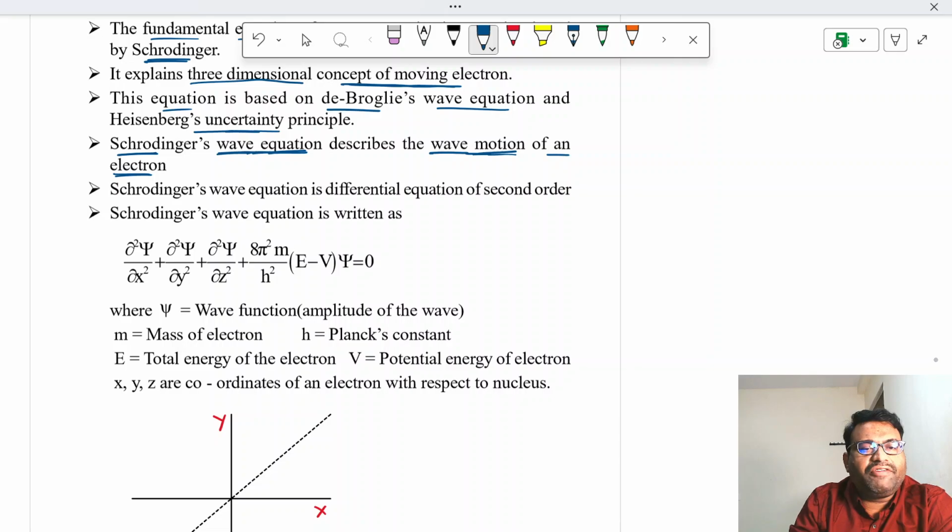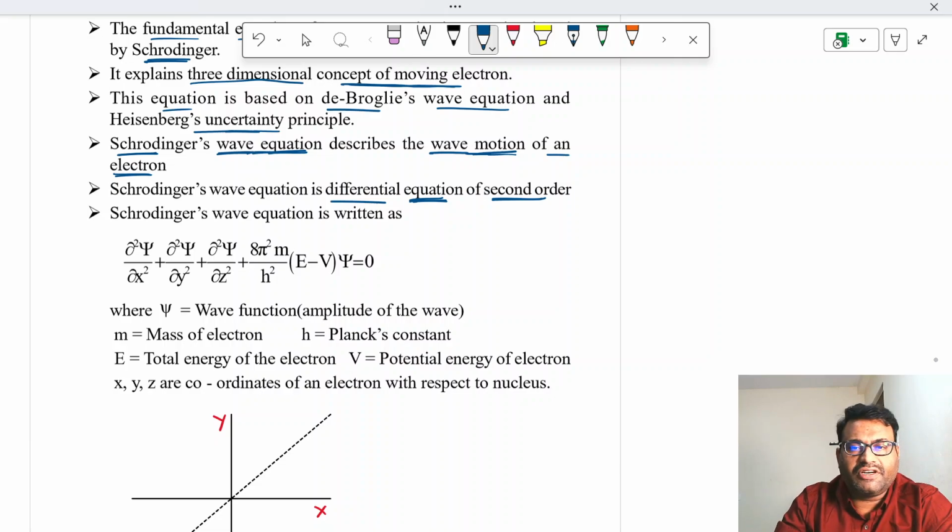The Schrodinger wave equation is a differential equation of second order. You know what is meant by differentiation?